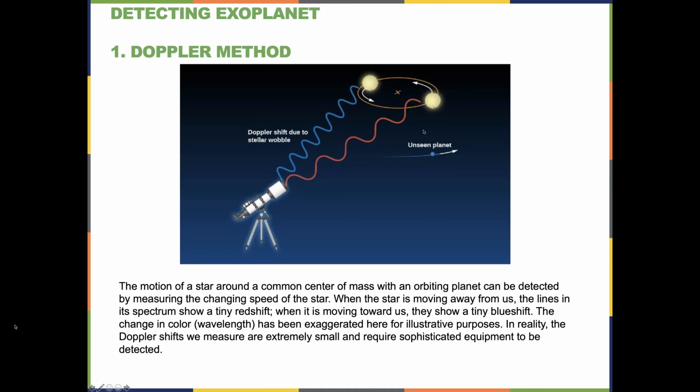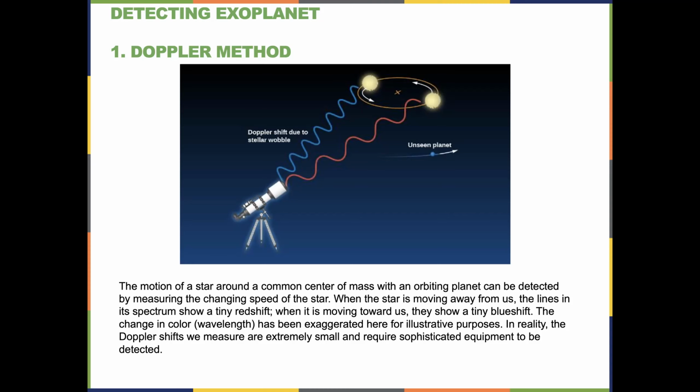Now, this movement is actually so small that you cannot detect it just by looking at the motion, right? The amount of movement is so small that it is hard to detect with a telescope. That is the main issue we have when detecting exoplanets like this.